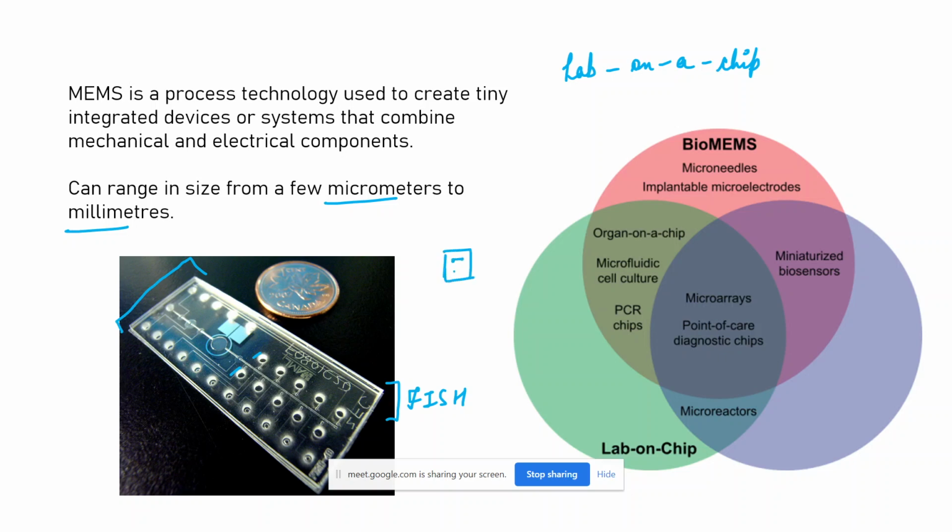Again, there will be different chambers where different kinds of things can be done, but it will be just one chip where the entire PCR reaction can be carried out. So you can appreciate that MEMs are a kind of futuristic technology where instead of having big equipment or using too many components, we can just perform that reaction or that assay on something as small as a chip.